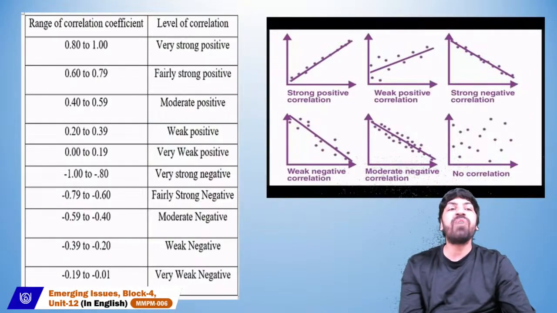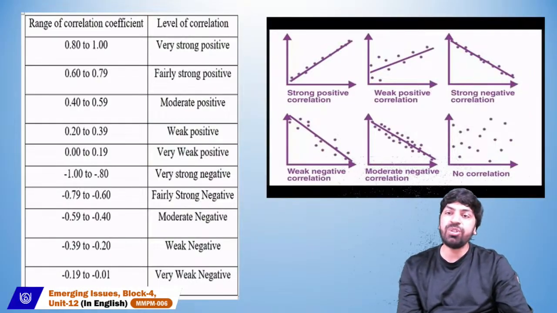Now, these are the ranges of the correlation coefficient and the level of correlation. 0.80 to 1 indicates a very strong positive correlation, and 0.60 to 0.79 indicates a fairly strong positive correlation, and so on.